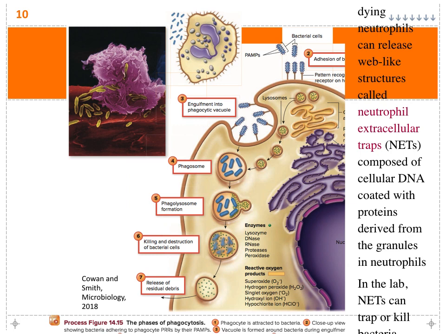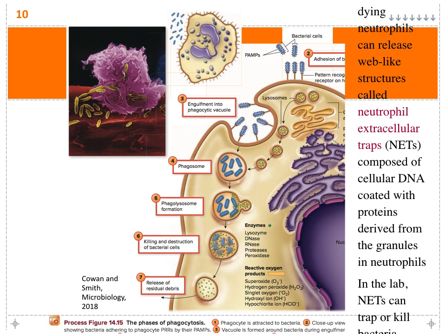The enzymes involved include lysozyme, DNase, RNase, proteases, peroxidases, and other products such as reactive oxygen intermediates, including superoxide, hydrogen peroxide, and singlet oxygen. So, phagocytes include the neutrophils.